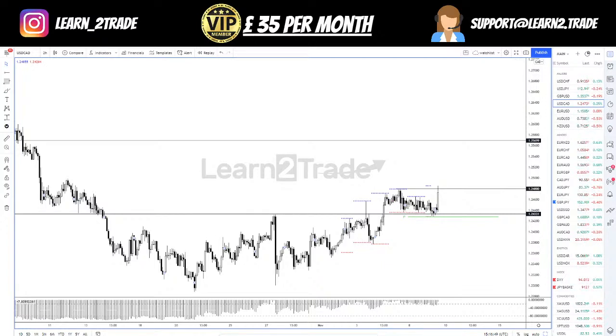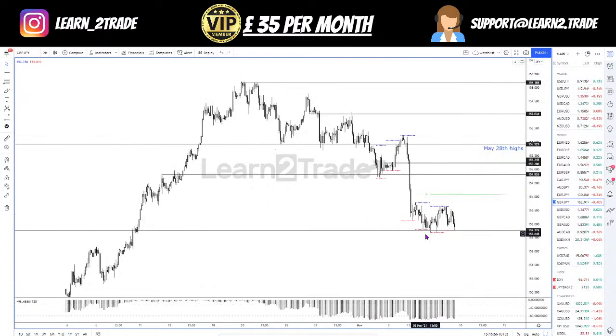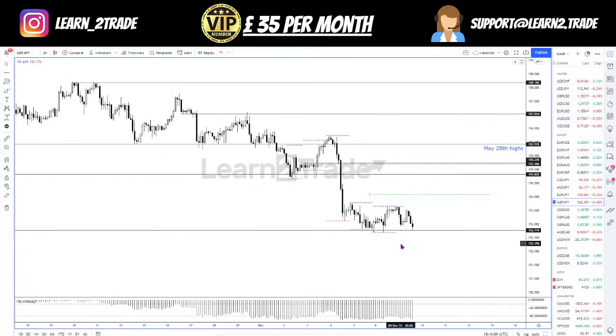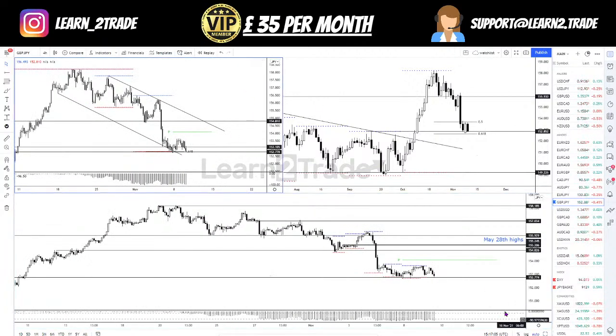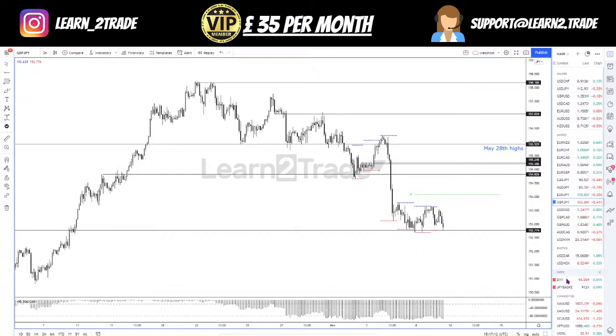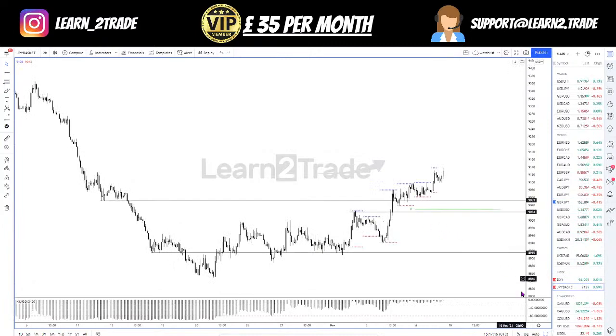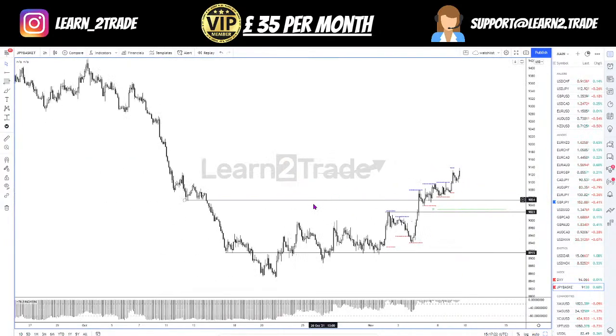All right, thank you guys, and everybody's asking about GJ. I already went through this market, and my validation level is the 125.50, right? That's my validation level. The Japanese yen, have a look at the hourly chart on the Japanese yen.